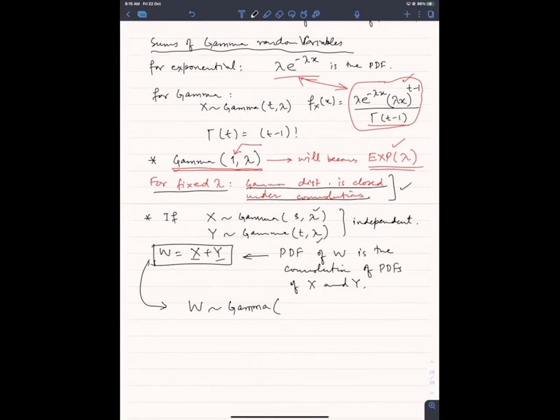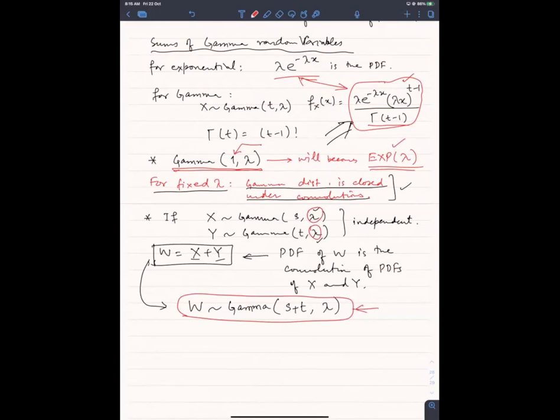We can show that by using this distribution: take one gamma PDF, take another similar PDF, and convolve them, and we have a mathematical expression for that from the last lecture. If you convolve them, you will find that this is simply s plus t comma lambda. This only works when lambda is constant, when both have the same lambda. It will not work when the lambdas are different. So W will also have a gamma distribution s plus t comma lambda.